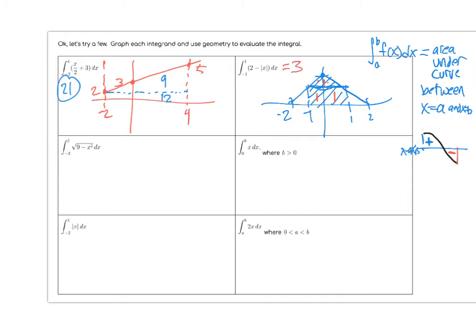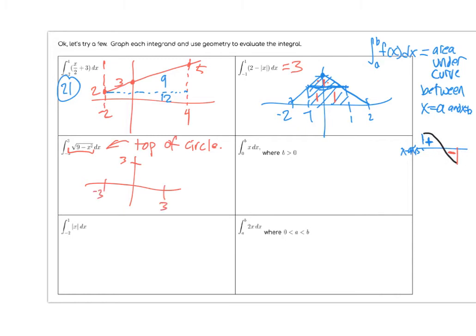All right, 9 minus x squared inside a square root. Many of you probably don't recognize this, but this is the equation for the top of a circle. This is a useful equation to kind of recognize where we have a perfect square number minus x squared. That would be for a circle with radius 3.